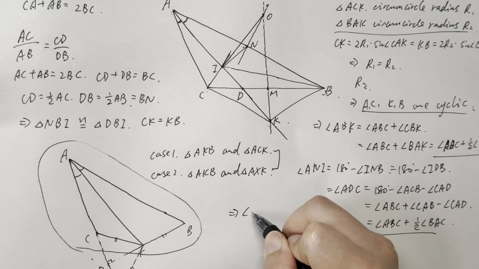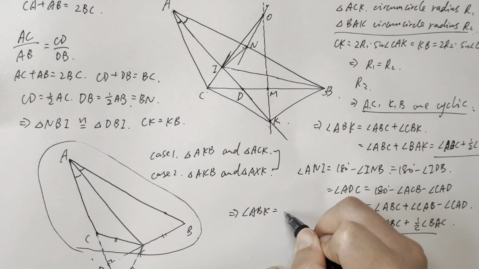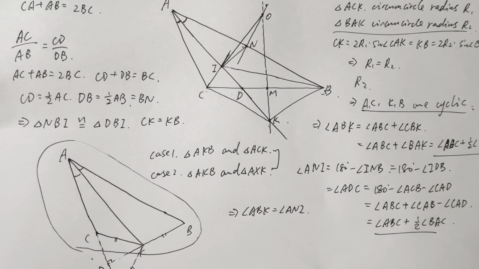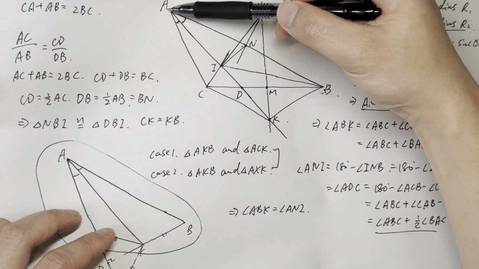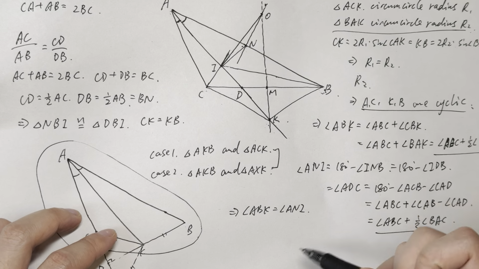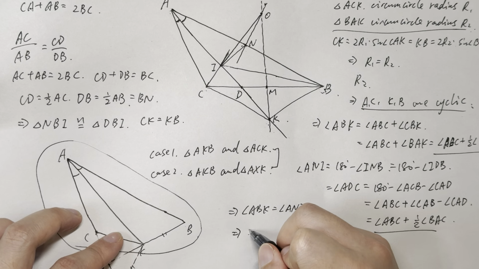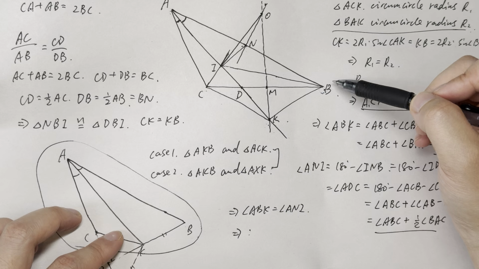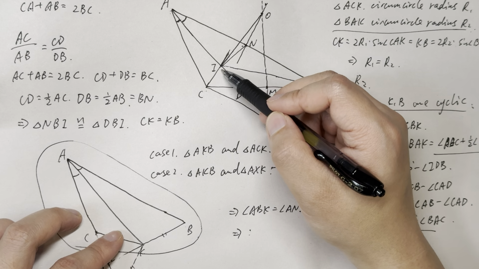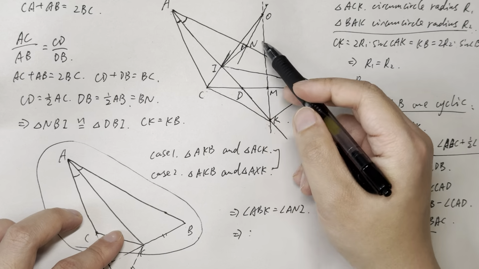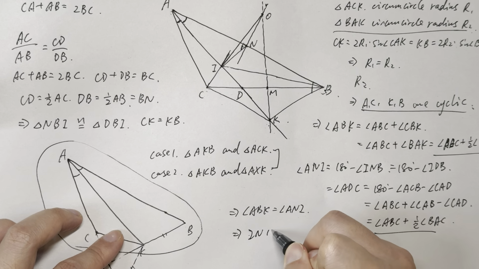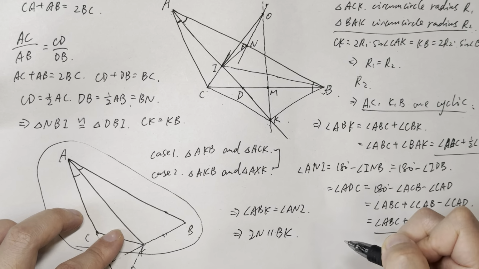So we know that angle ABK equals angle ANI, right? Then, because N is the midpoint of AB and this angle equals this one, we know that IN is parallel to BK.